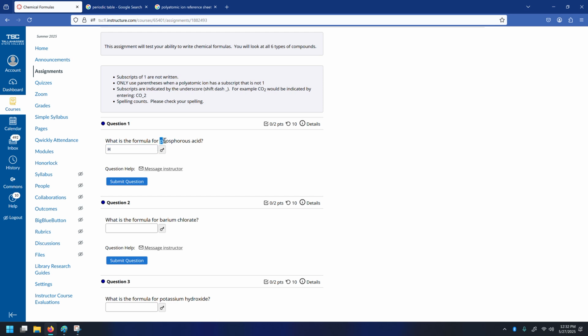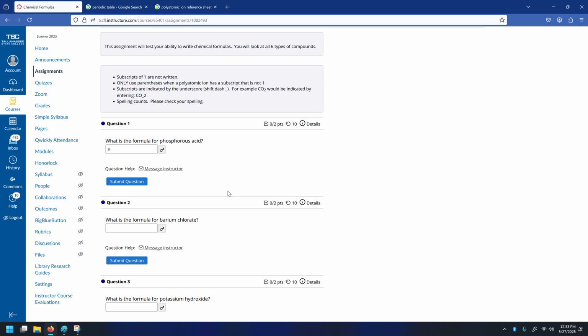Then I'm going to be thinking about phosphorus acid. I note that the hydrogen is not mentioned in front of phosphorus acid. That's because we can subdivide the two types of acids into the binary acids and the polyatomic, or sometimes called the oxy acids. Binary acids are made up of two things.